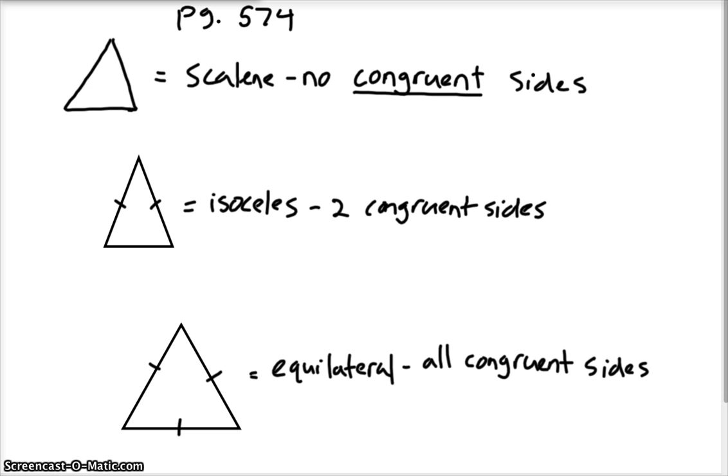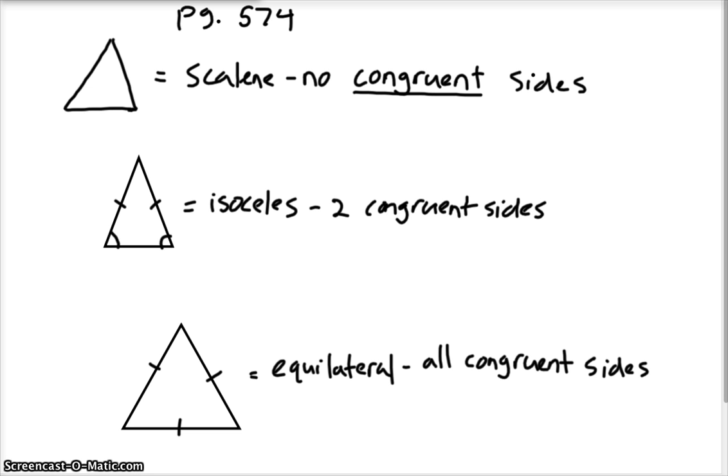The way we get two congruent sides would mean that these angles are the same. So they would both equal 40 degrees, for example, or something probably bigger than 40 degrees. But they have two similar sides. So this triangle would be acute isosceles, because all the angles are less than 90 degrees, but we have two congruent sides, so it's acute isosceles.